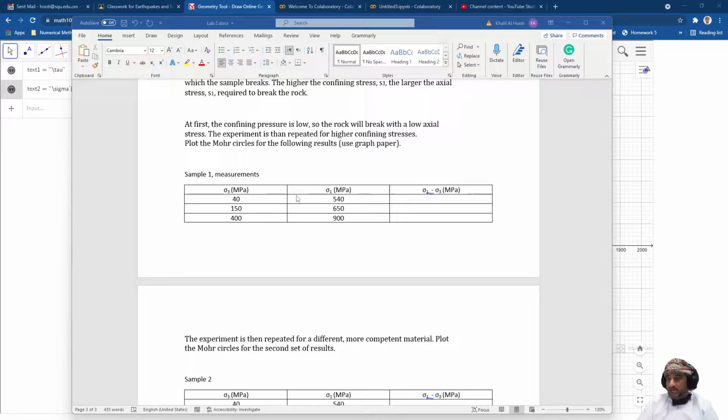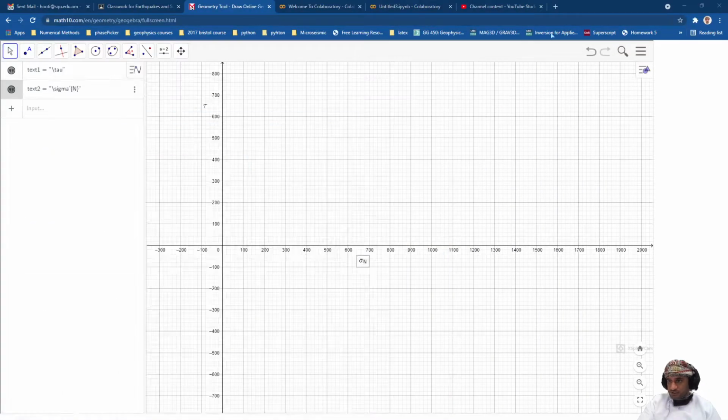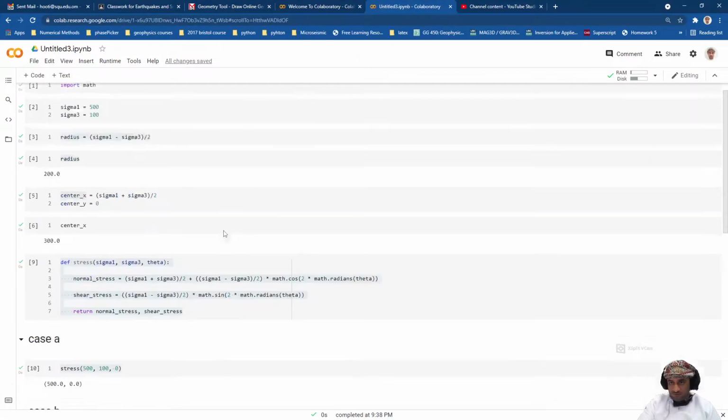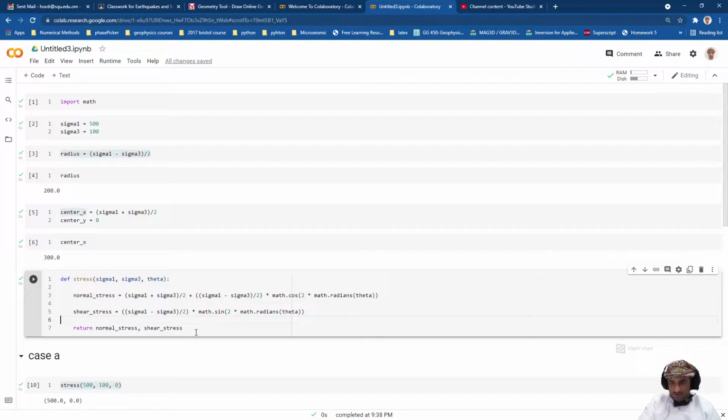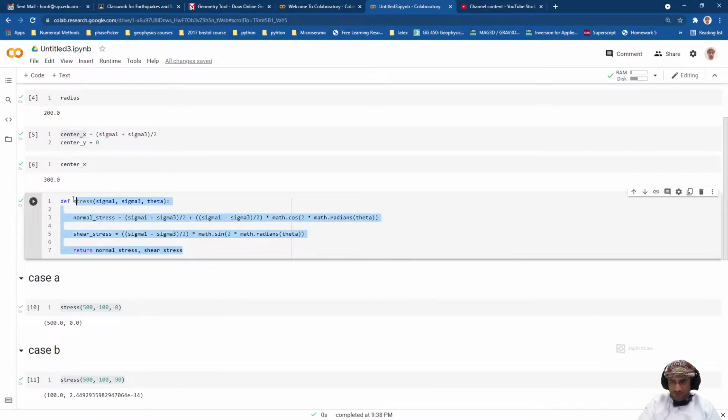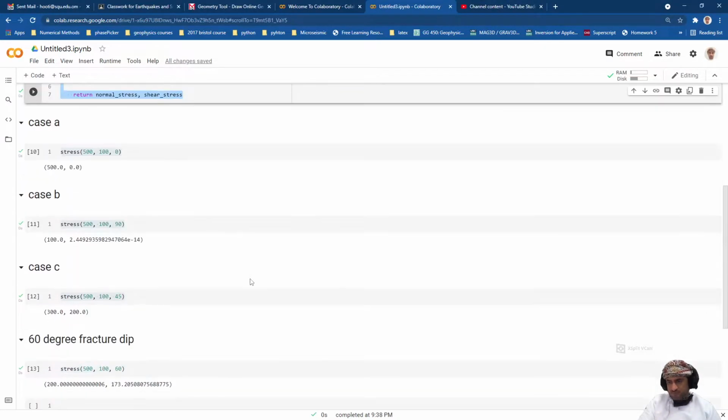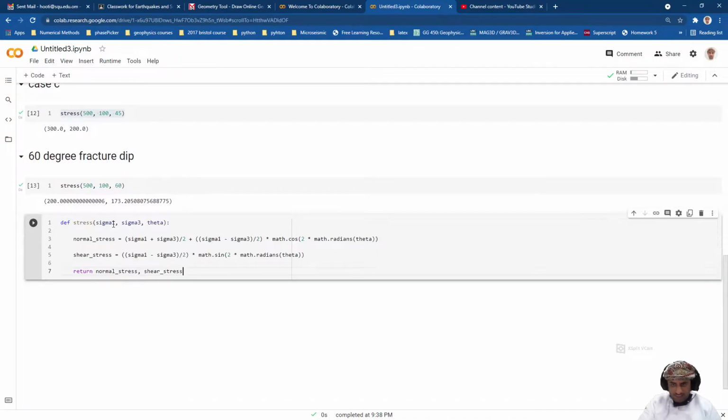There are going to be, right now, again, three different Mohr circles. We need to plot them for sample one and sample two. So if we have our first function in Python, let's copy it. To draw circles, we need the radius and the center. So how to get them?